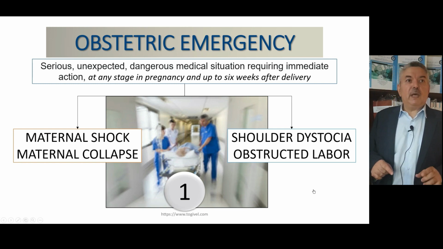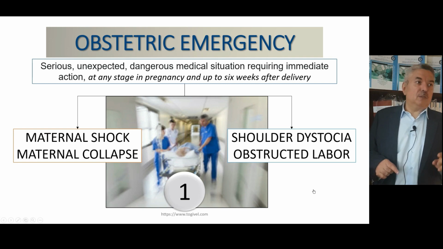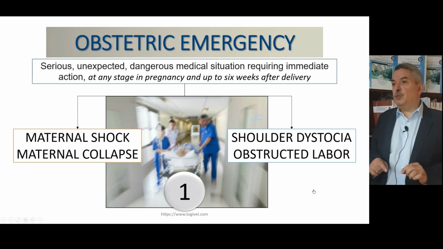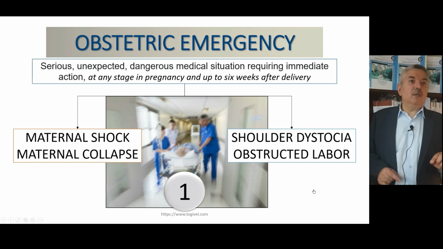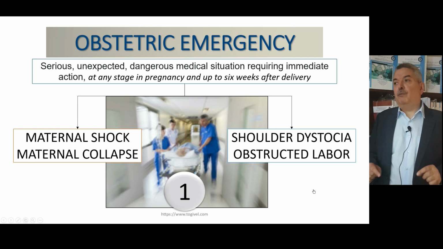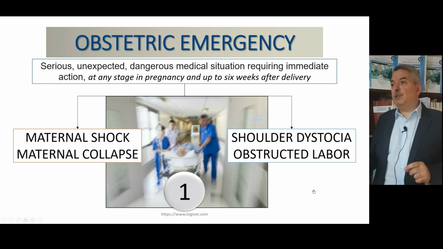And I will tell you now that many authorities consider shoulder dystocia as the true obstetric emergency, because you have few minutes before you lose a life. But in today's presentation, we will focus mainly on maternal shock and maternal collapse.